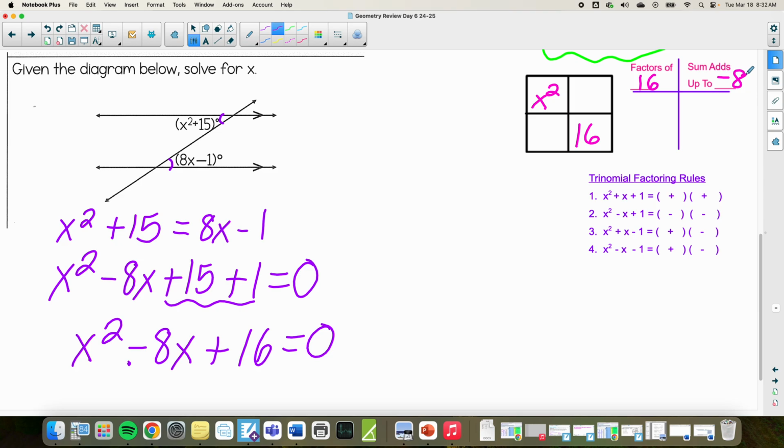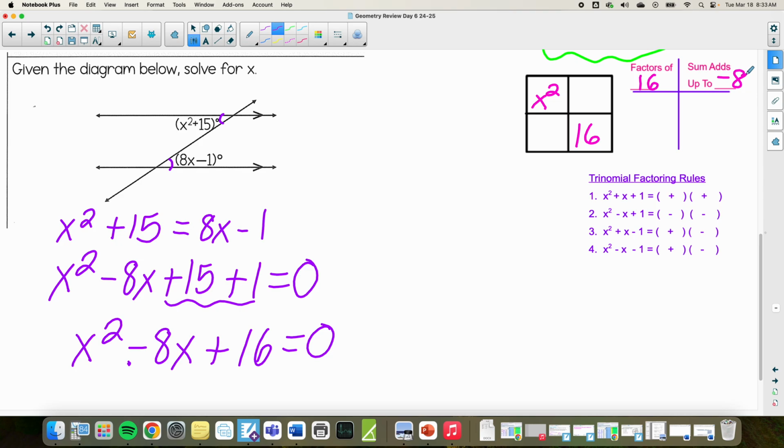Now, what we want to do is find two factors or two numbers that multiply to give us a positive 16, and when we add them, here, I'll grab you the notes, and when we add them, it's going to be a negative 8. And that might be kind of confusing to you. Like, you have to have them multiply to be positive, but when you add them, they're going to be negative.